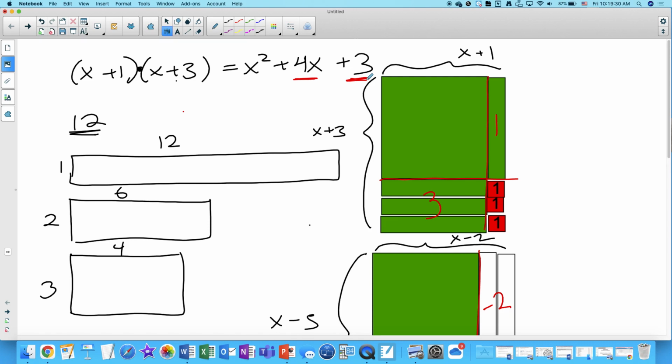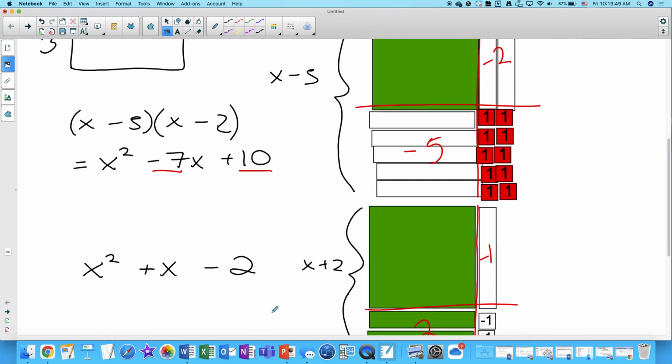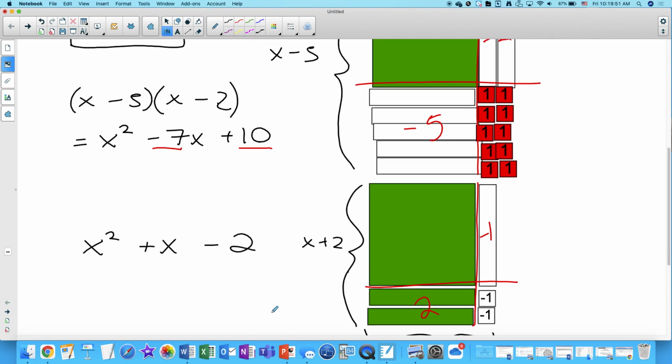These got broken up into 3 and 1. Okay? Here we have -7 and +10. And these got broken up into -5 and -2. And then finally here we have +1 and -2. And these got broken up into 2 and -1.